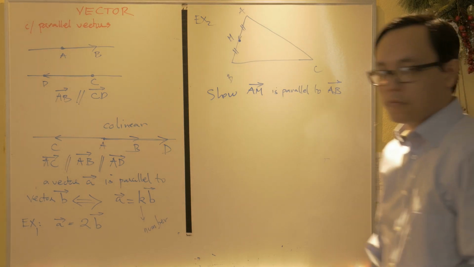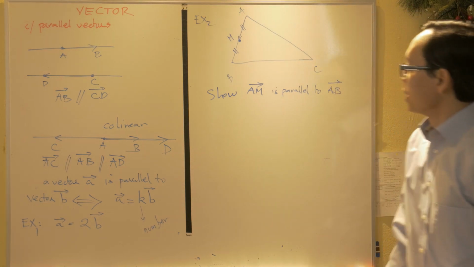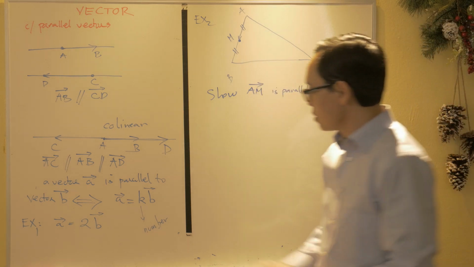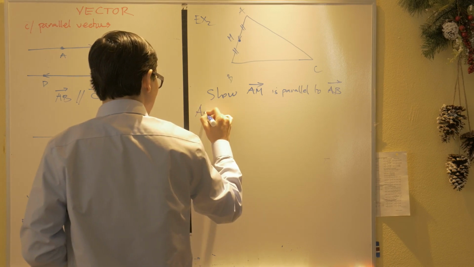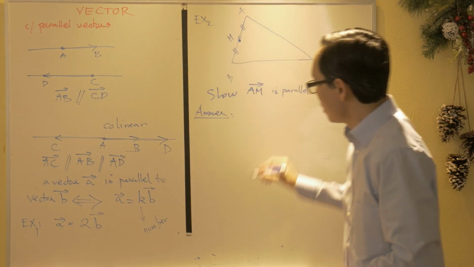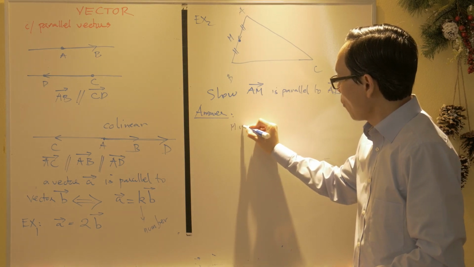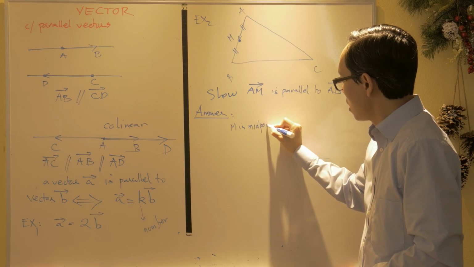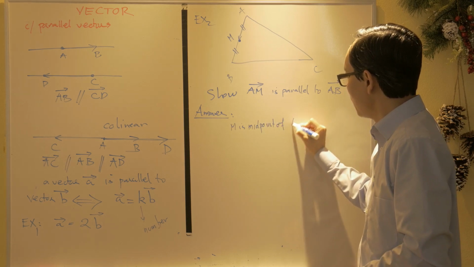Well, it's pretty obvious, because you know that M is the midpoint of AB.